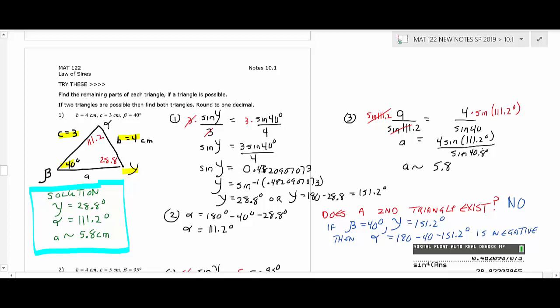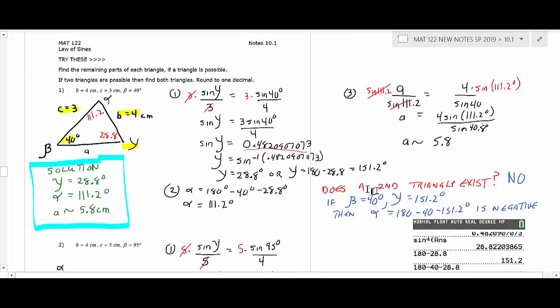This number is between 0 and 1, so you actually get 2 angles. The inverse sine gives 28.8 on the calculator, but you could get a quadrant 2 angle, 151.2. Does the second triangle exist? Well, you were given beta is 40. If gamma was 151.2, then alpha would be a negative angle, so no, you don't get a second triangle.